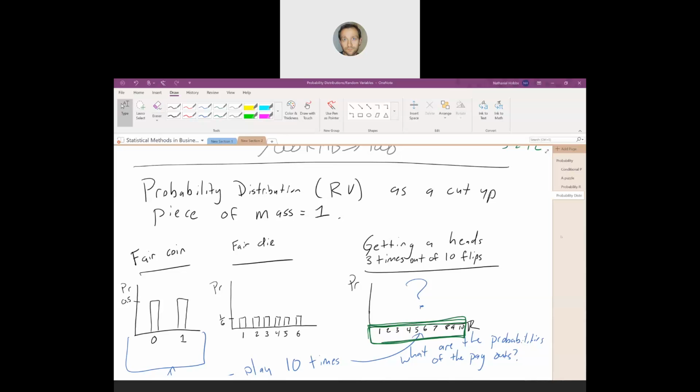What is the 10 here? It would be the 10 times you flip it. 10 times I flip it, and what happens on each of those 10 times? You're either gonna get a heads or tails. Okay, for this number 10, is that 10 heads or 10 tails?